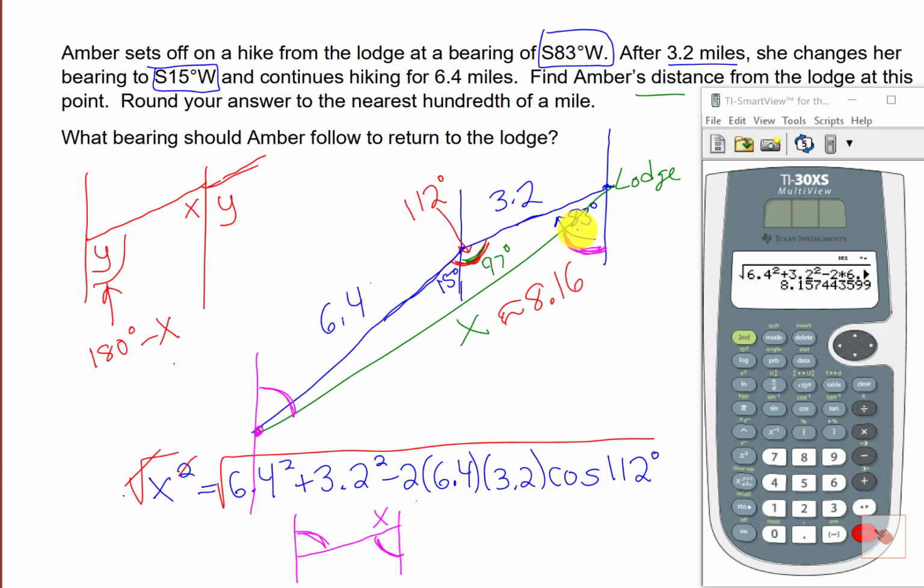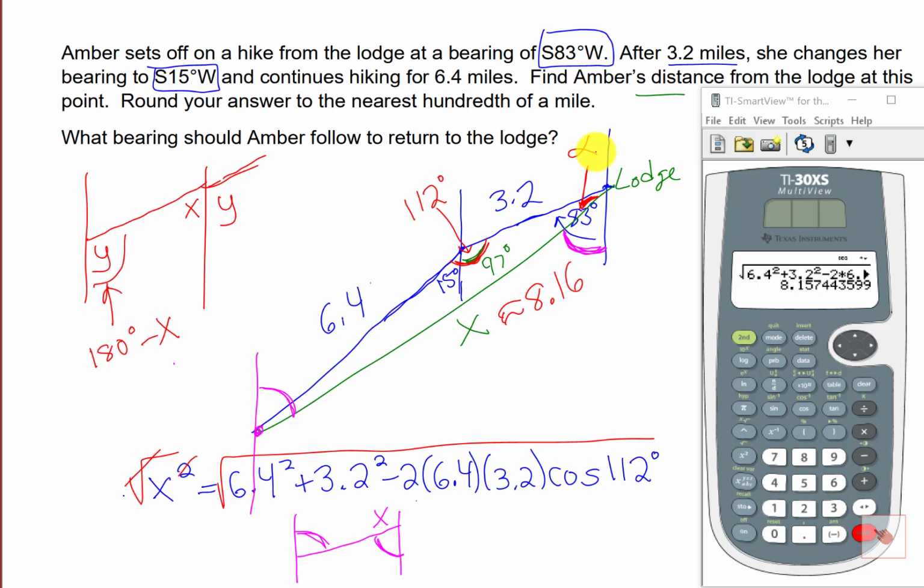Now I have that measuring off from south all the way over to the blue line was 83 degrees, but I want that other piece. Well, I can solve for this angle in the triangle right here, this little skinny one. I'm going to call that alpha, because now I can actually use the law of sines on this triangle, and I could find alpha because I have an angle and a side opposite pair.